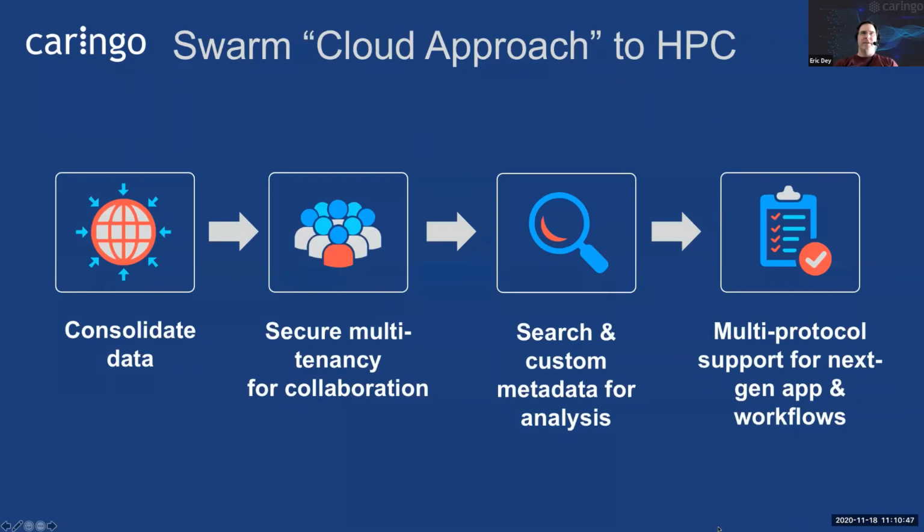So our approach to HPC is really about trying to consolidate data that you've got. You get this environment where you've got a lot of different kinds of storage solutions, and you really need to unify into something that allows you to have these characteristics I was talking about.